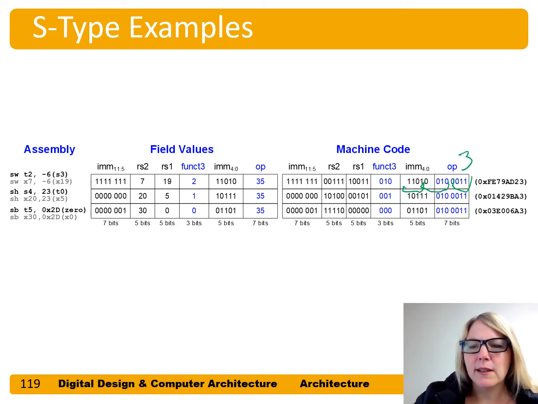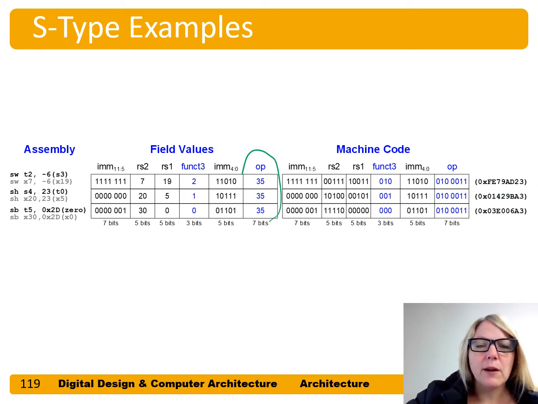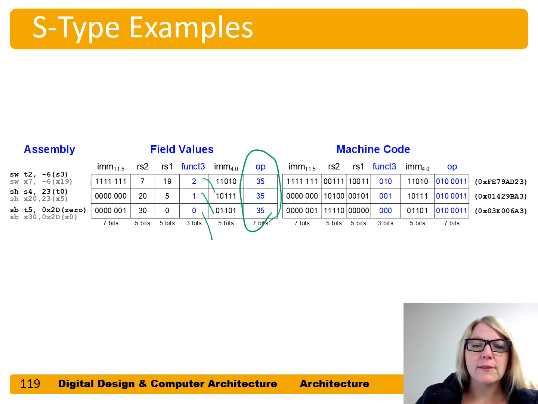We have 3, and then 2, and then D, and so on until we gather all the groups of 4 and write it in hexadecimal. For the store instructions, you'll notice that the opcode is 35 for all of those, and then store byte is 0, store half is 1, and store word is 2 for the func3 bits.